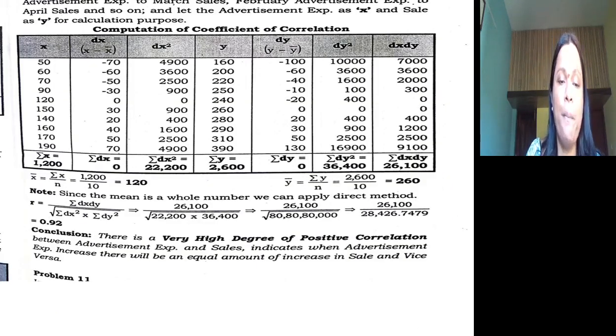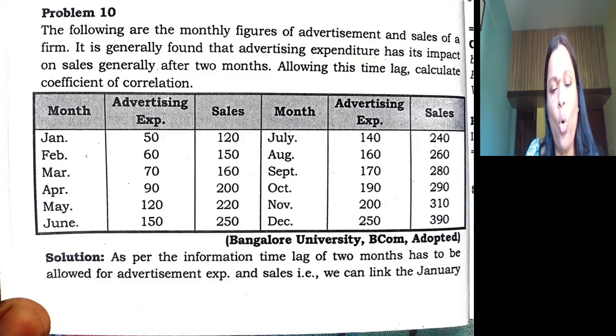See here. Then February 60, so which month's sales? April month sale. In the same way, March advertisement expenses 70, then May's 220. 90 of April, then 250 is June. Then 120 is May's advertisement expenses, 240 is July's. 150 is June's expenses, 260 is sales of August.